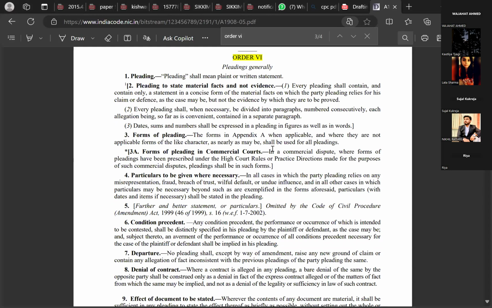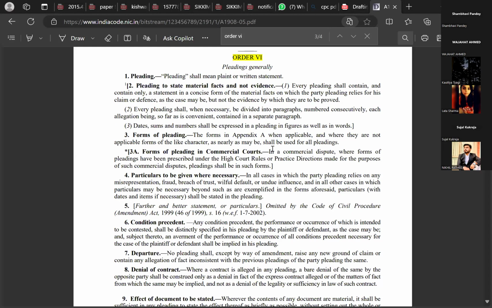In a pleading, no material facts should be omitted, because if you will be omitting a material fact, then that would be detrimental to your case only, not to anyone else. In fact, the other party would be benefited by any omission on the part of the person who is instituting the suit. Similarly, in the case of a written statement, it will be advantageous to the plaintiff.